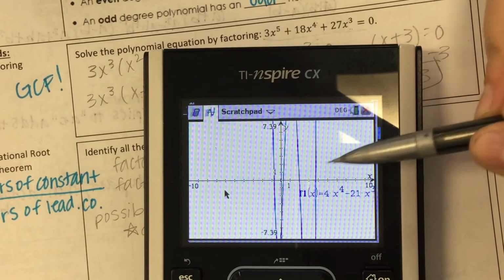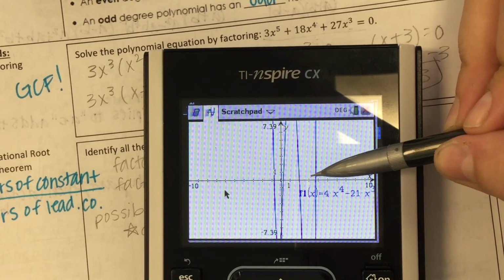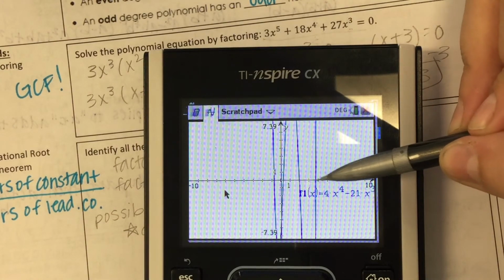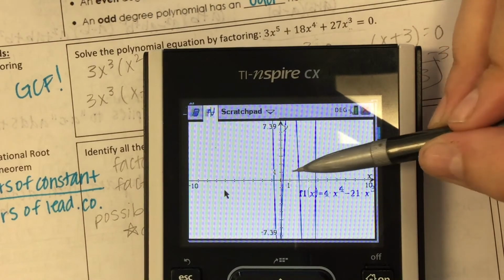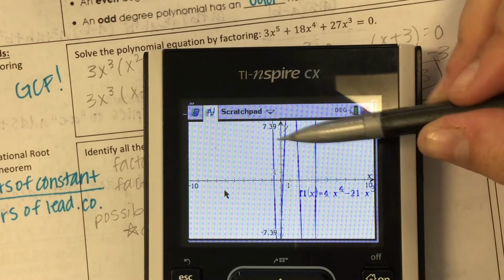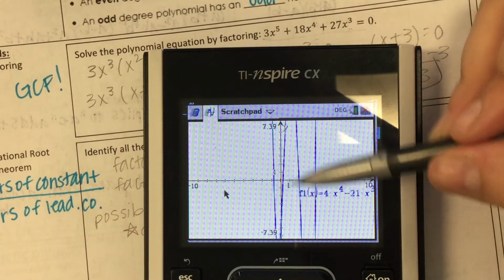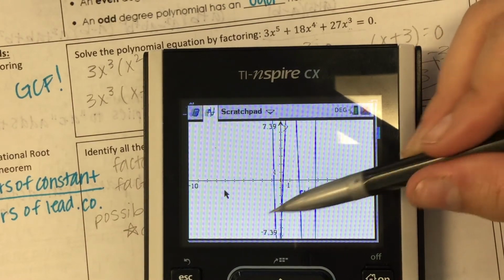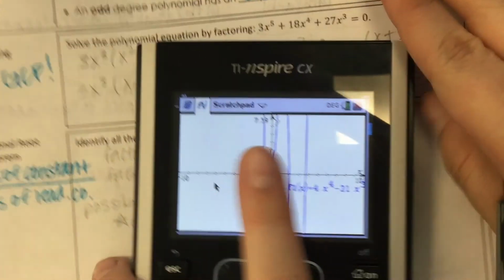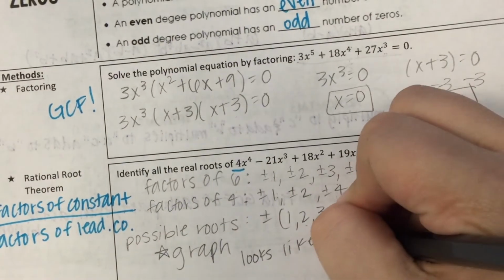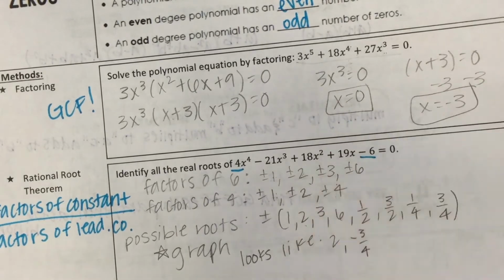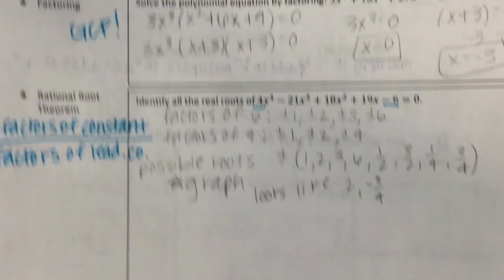Well, that one looks like, I don't really know what that one is. 1, 2, 3, and something. I don't know. So let's see, negative 3/4. It looks like negative 3/4 might be a good root to check. So if we can get rid of 2 roots right away, it's going to make our life a lot easier.